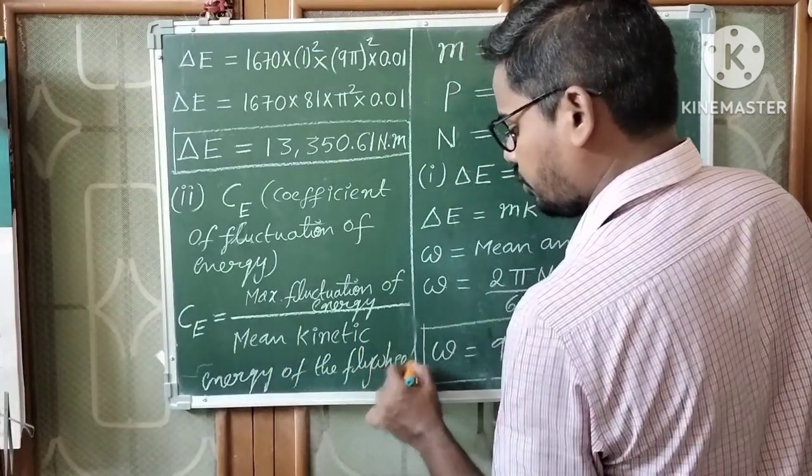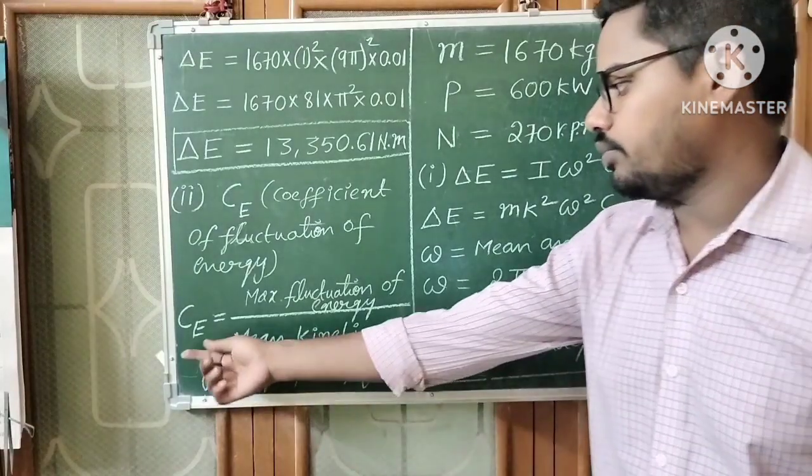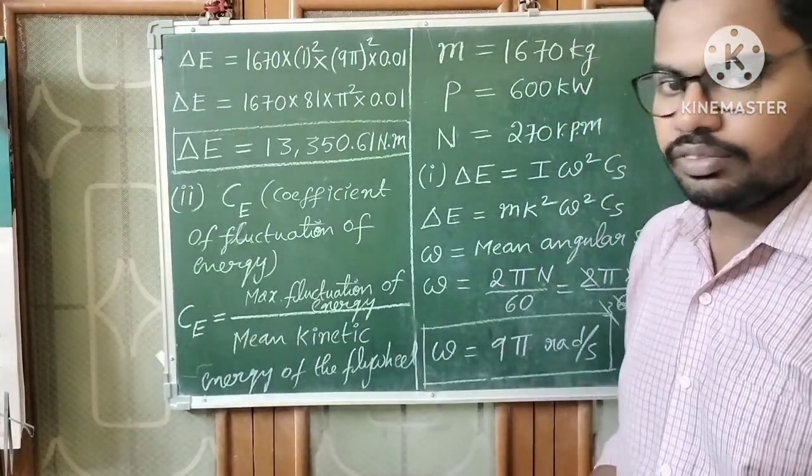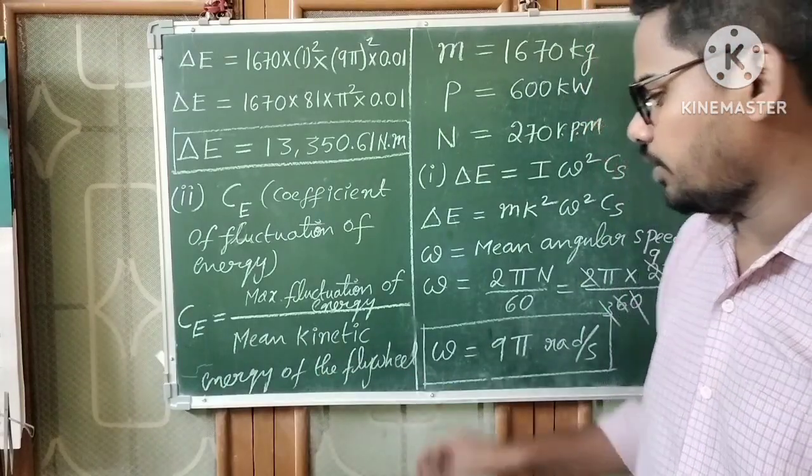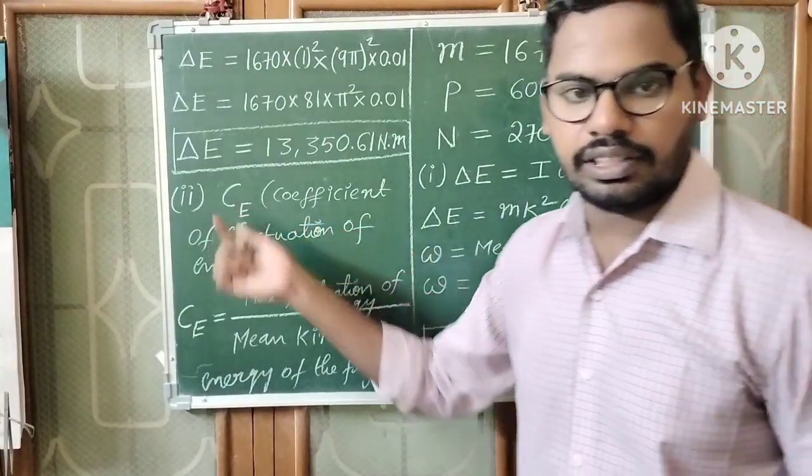So this is the formula of coefficient of fluctuation of energy. Using this formula, you can find CE.